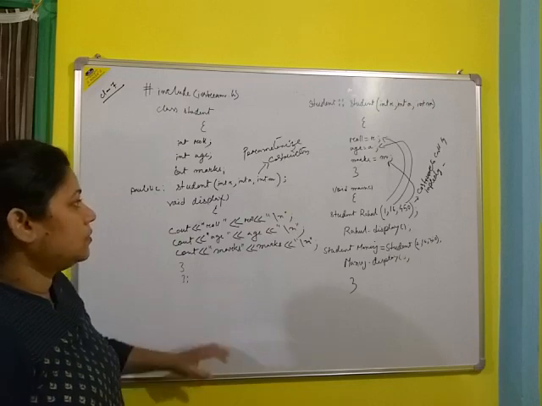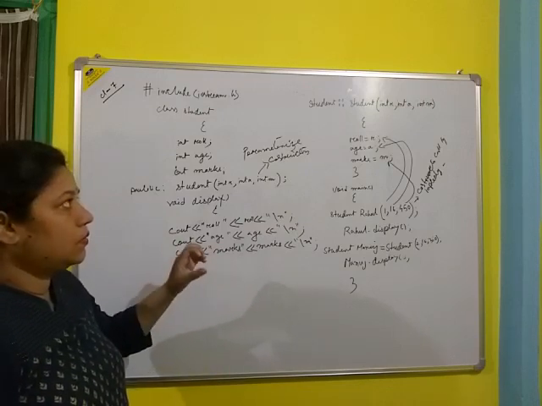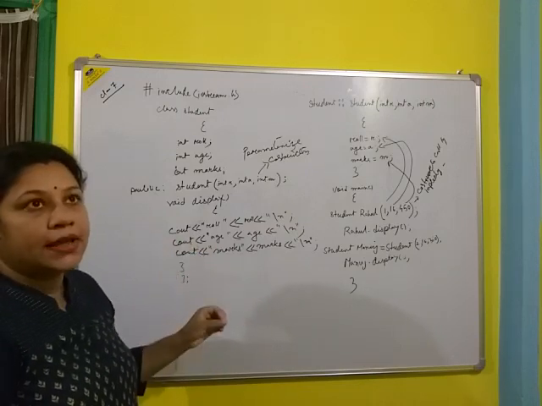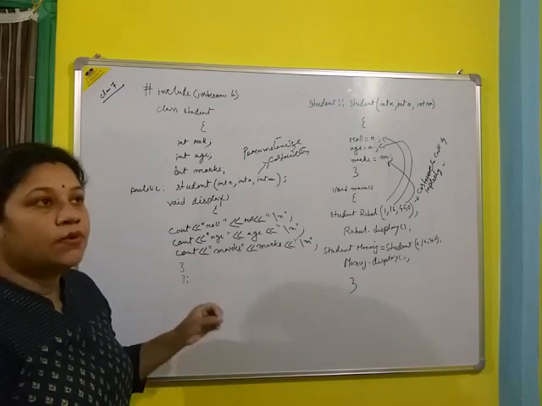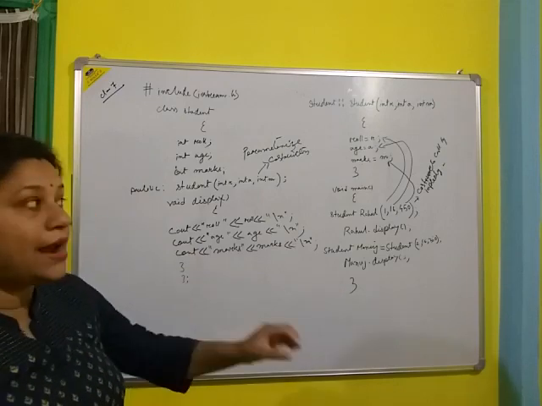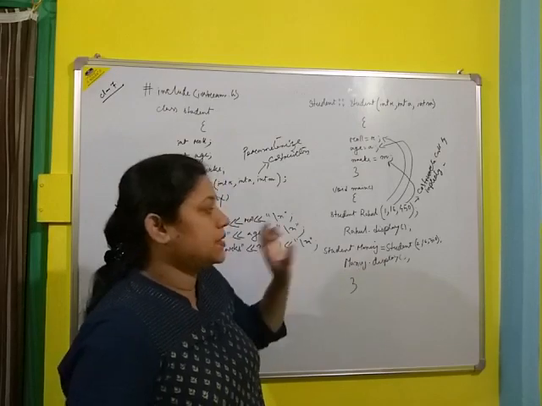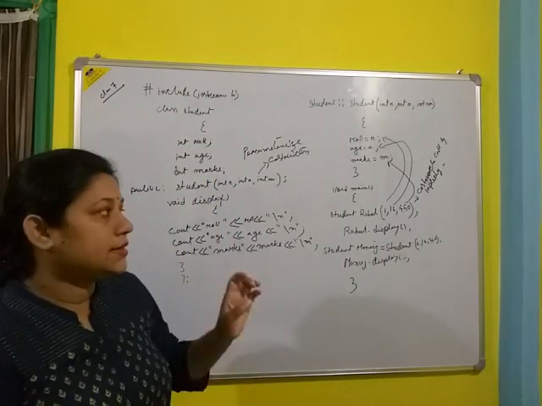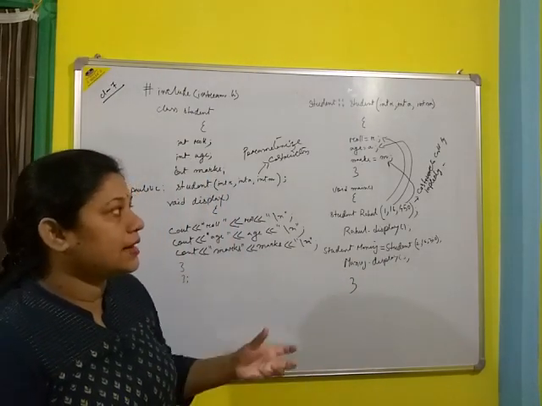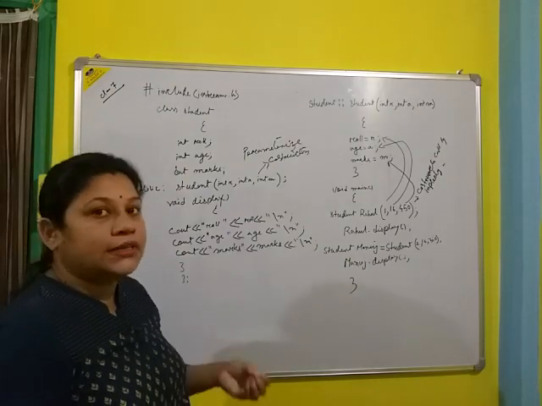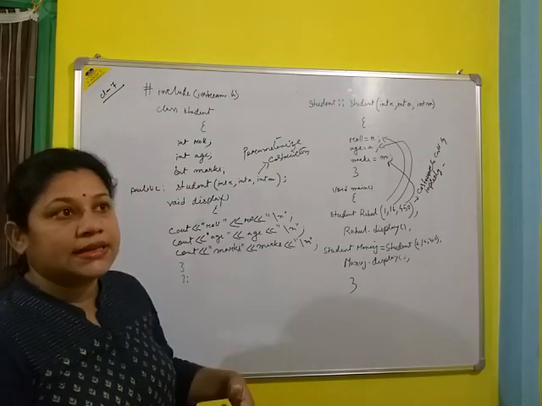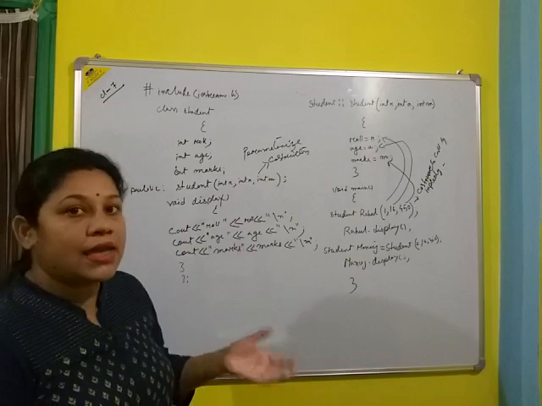So what to do? If you declare a parameterized constructor, you have to pass the actual arguments at the time of object declaration. This is very important, and this can be done by two methods: calling the constructor implicitly or calling the constructor explicitly.